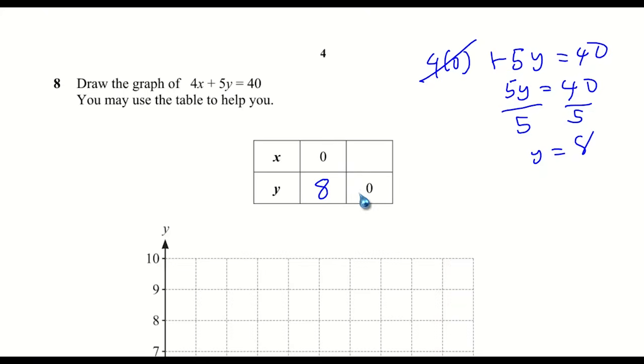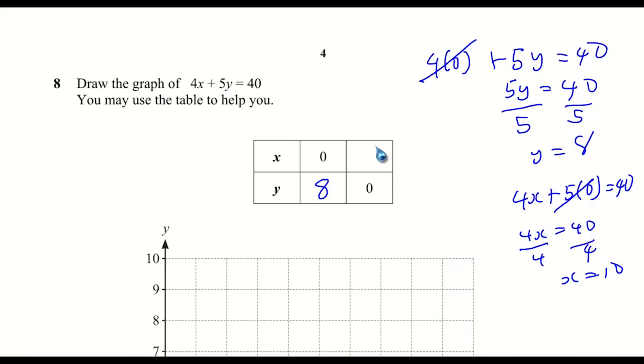And when y equals 0, what is the value of x? So from the same equation, 4x plus then y is now 0, then equals 40. Okay, so this is 0. Then you have 4x equals 40. Divide both sides by 4. Then x equals 10. So you have 10 here.